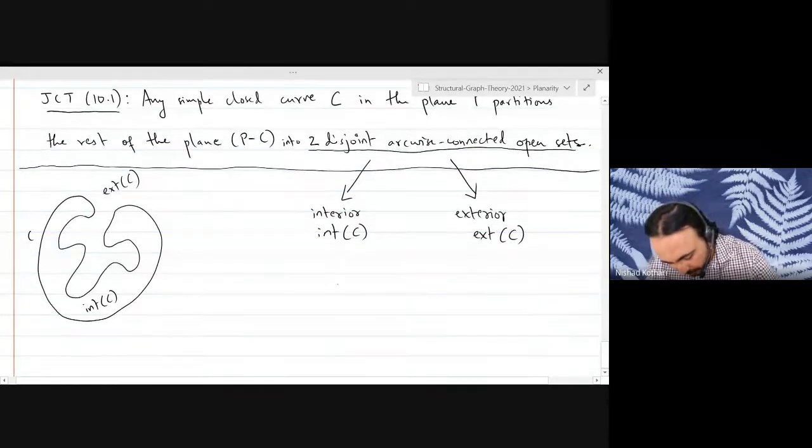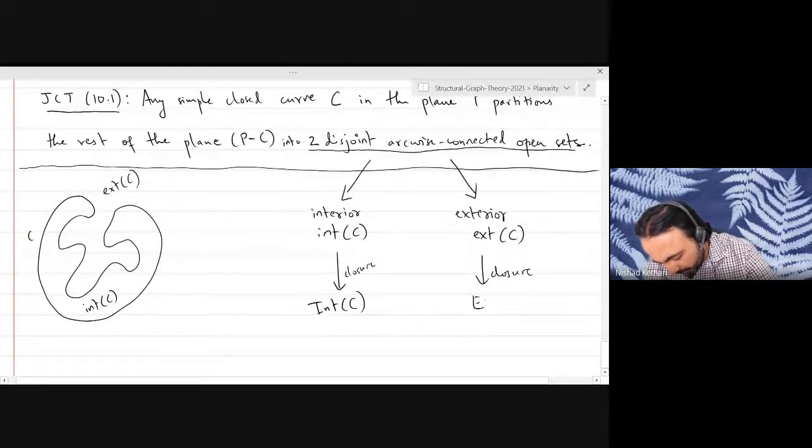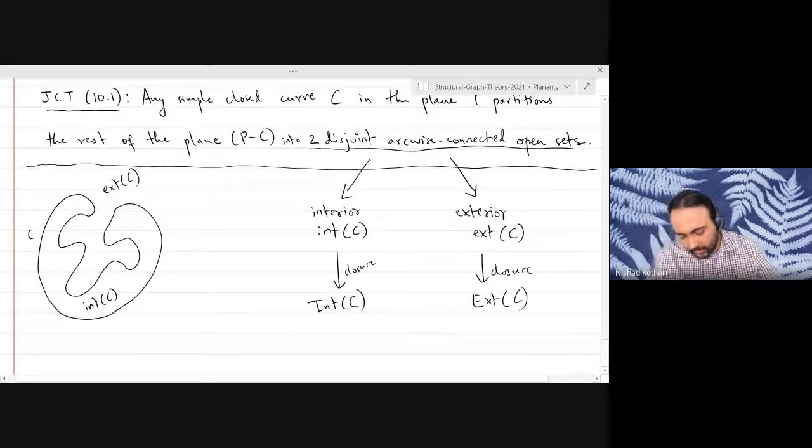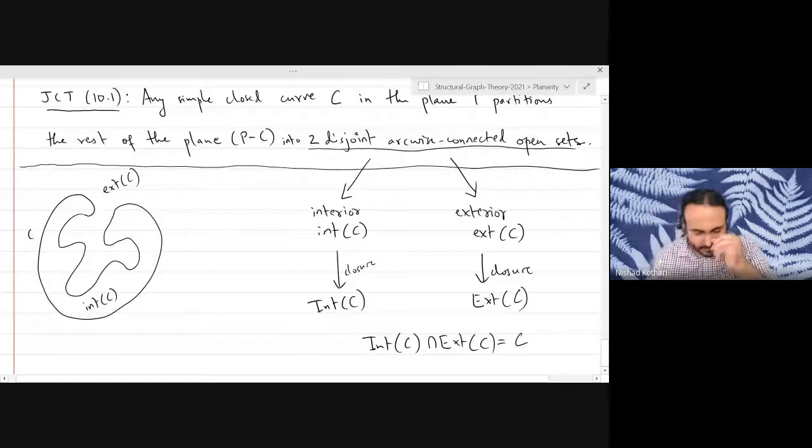So the closure of this one, we will write as interior of C with a capital I, and likewise the closure of this one, we will write as exterior of C with a capital E. Okay? And in particular, the intersection of these two is exactly the cycle, the closed curve, simple closed curve C.